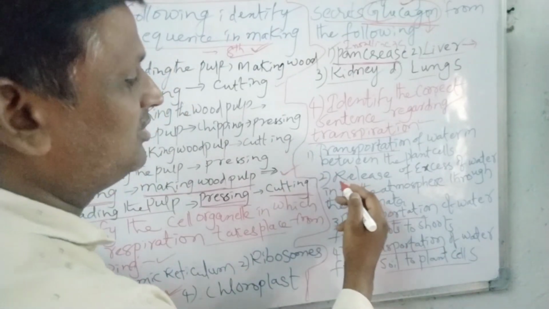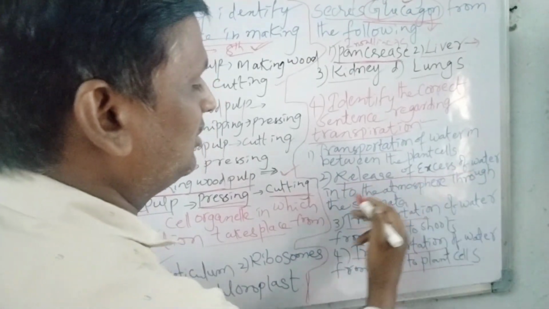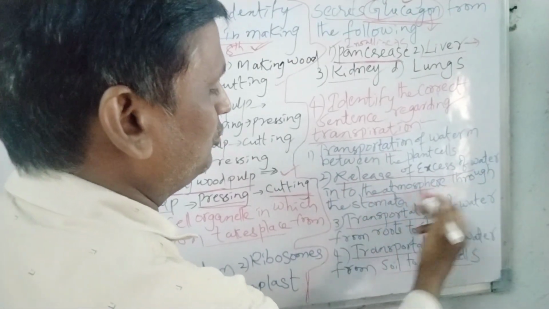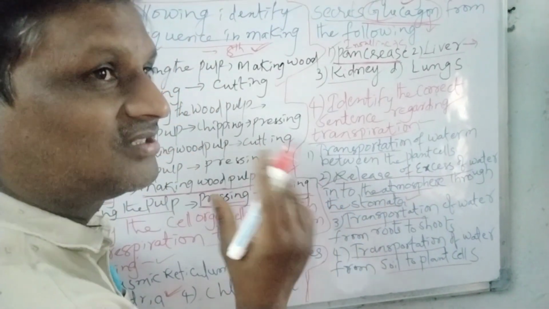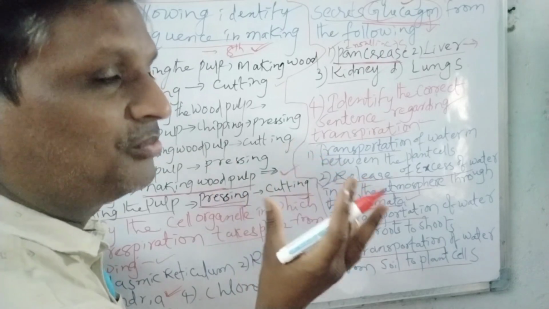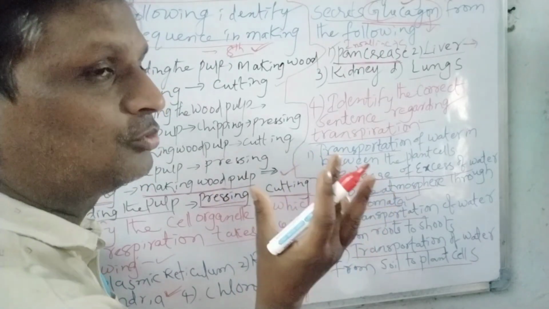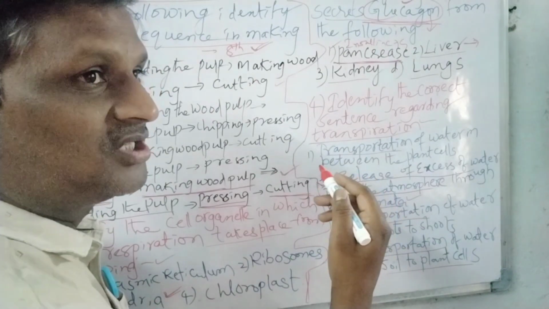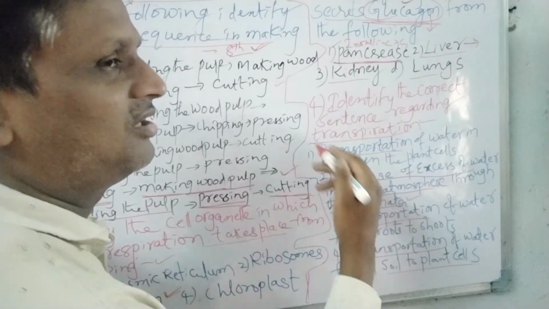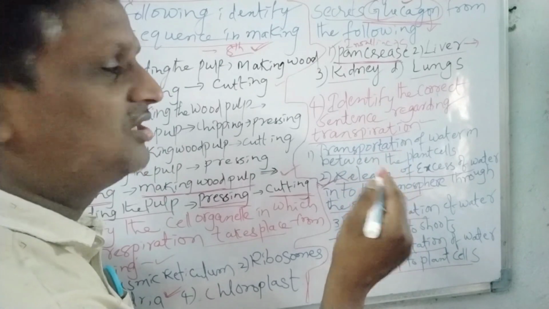But only the releasing of excess water into the atmosphere through the stomata is transpiration. So this is the answer. This transpiration occurs majorly through the stomata of the cells present in the leaves.